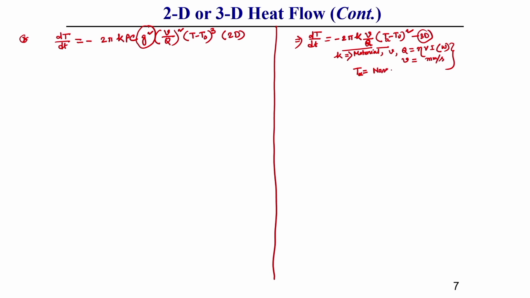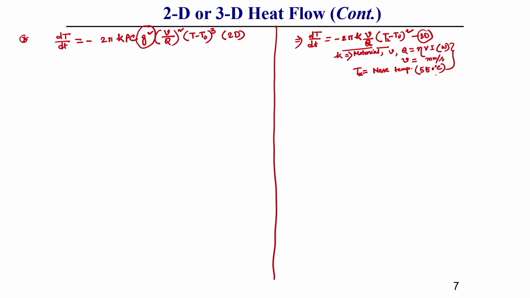Always keep it in mind, nose temperature is used for cooling rate calculation. Why? I will discuss in a subsequent slide: that is the 550 degree centigrade temperature, because this is a critical point, that is why we consider this critical temperature for cooling rate. Okay, now I will discuss this.